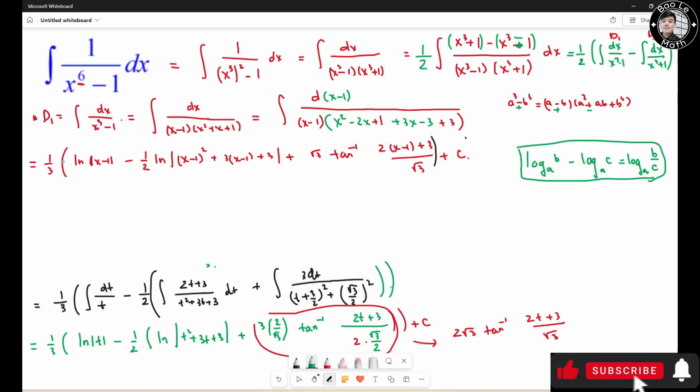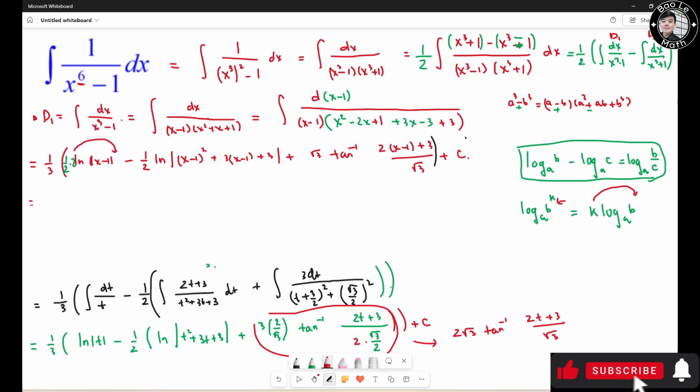So I need to multiply by 2, and 1/2 multiplied by 2 is still 1, right? Now the 2 right here, I just put back over here. I have log base a of b to the power of k, which is going to be k log base a of b. So if you put k back over here, it turns out to be this one right here. Alright, so I can put 2 over here.